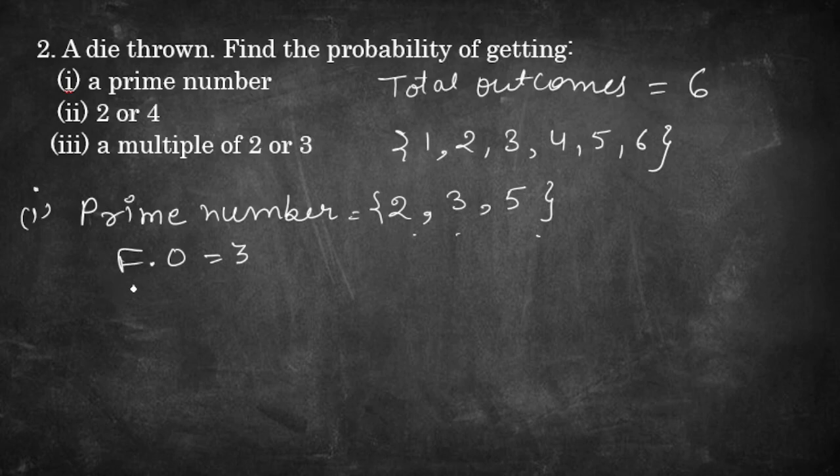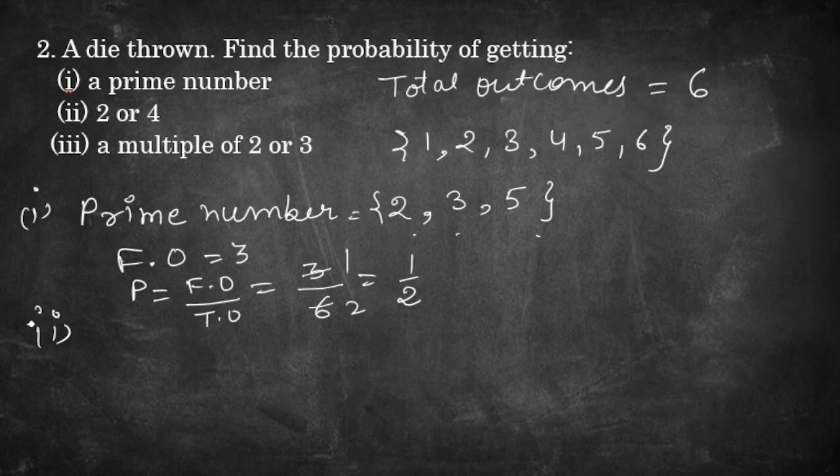Okay, so what will be the probability? Probability is favorable outcomes upon total outcomes. Favorable is 3, total is 6. It will be 3 ones are 3, 3 twos are 6. It's 1 by 2. Clear? Now second, 2 or 4.